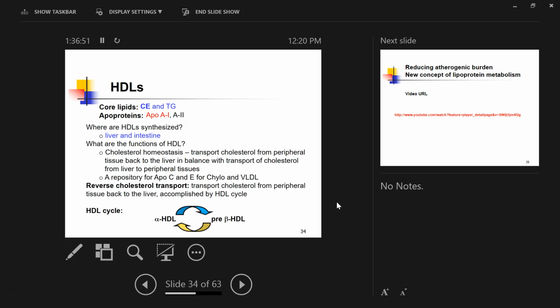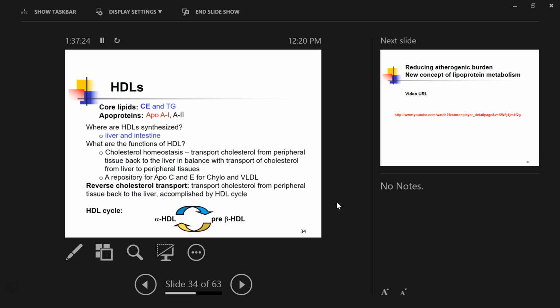Once this cholesterol is transported back to the liver, it can be used for synthesis of bile acid and excreted, or used for synthesis of steroid hormone. So HDL is very important for maintaining cholesterol homeostasis and preventing diseases such as atherosclerosis.